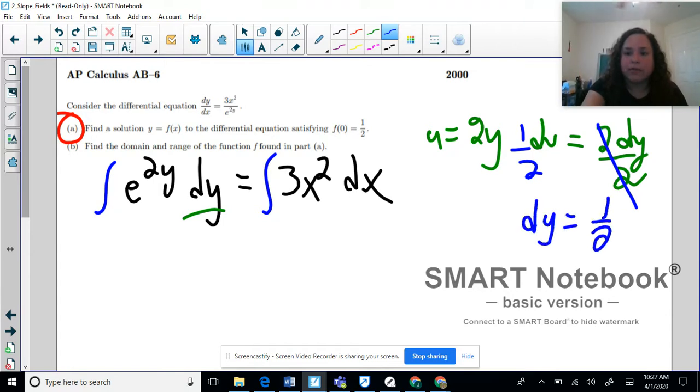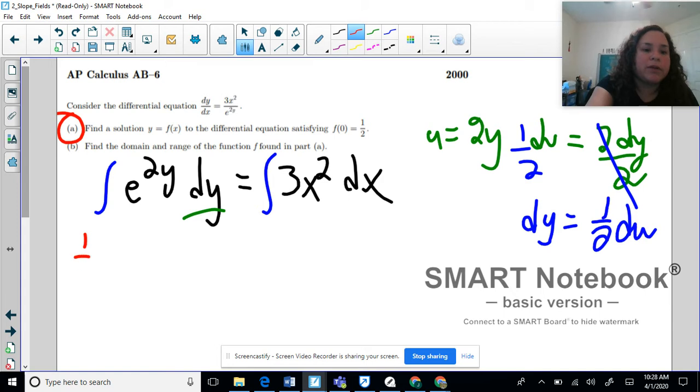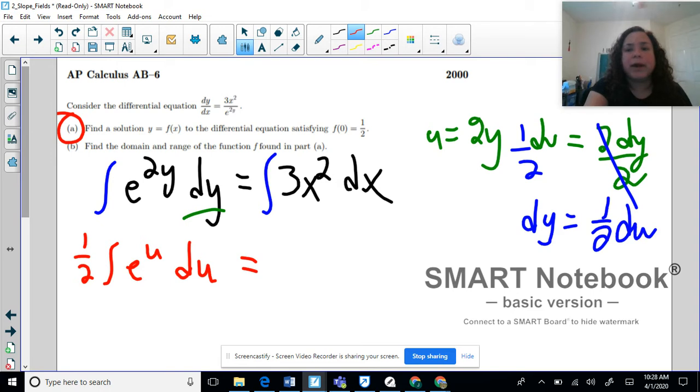When we go back into the integral and substitute, we bring the 1/2 in front of the integral symbol and substitute u for 2y, so we have 1/2 times the integral of e to the u du. On the right side, we integrate using the reverse power rule: 3x squared becomes 3x cubed over 3, which is just x cubed plus c.